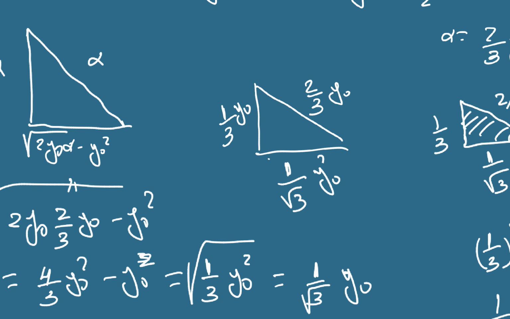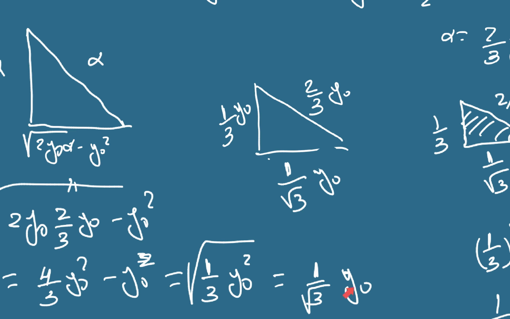I don't know why it has a square here, but it doesn't have any square here, for sure. Or because it's the square root. Okay. Square root of 3, y0 is here.